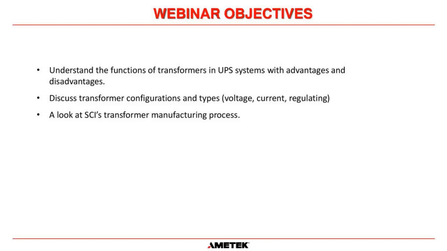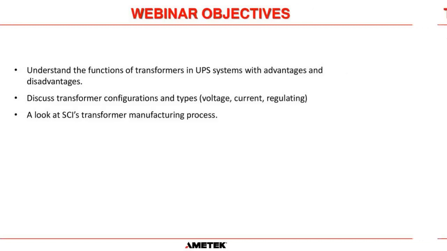We're going to talk about transformer basic configurations and types, voltage, current, and regulating transformers. And we'll finish up with a little discussion on how we build transformers at SCI, some of the processes and so on.